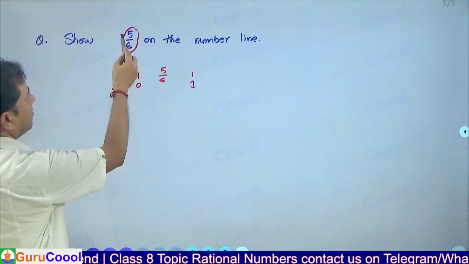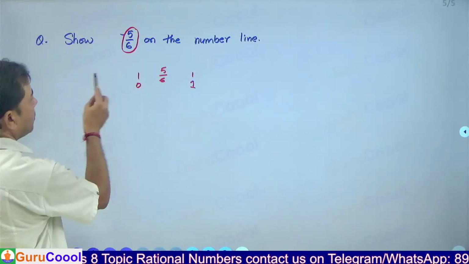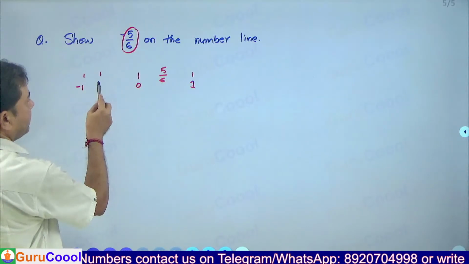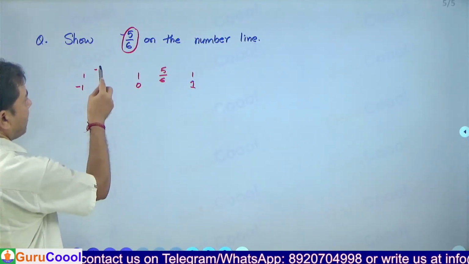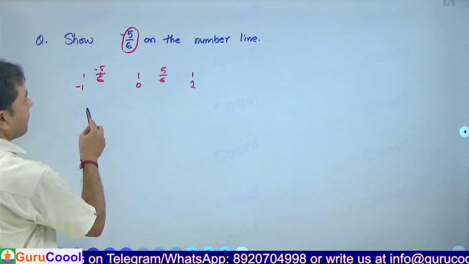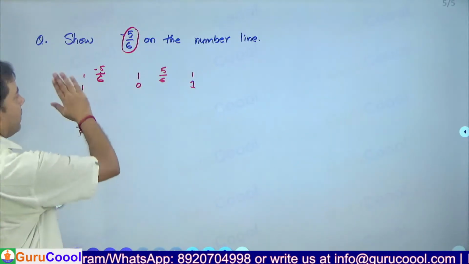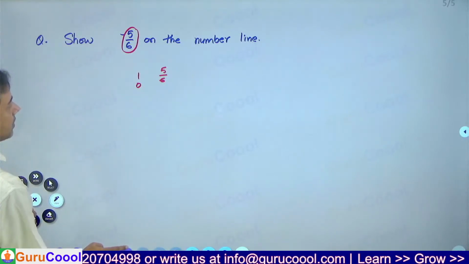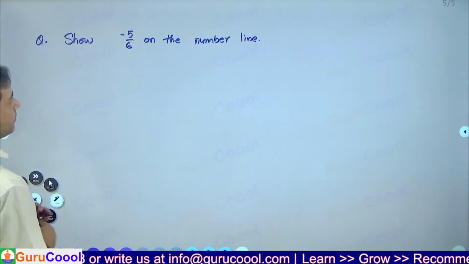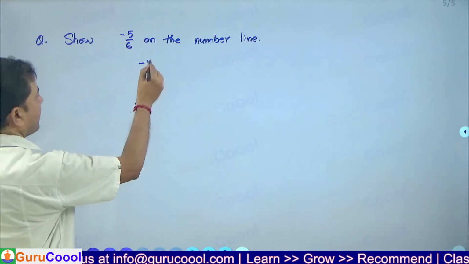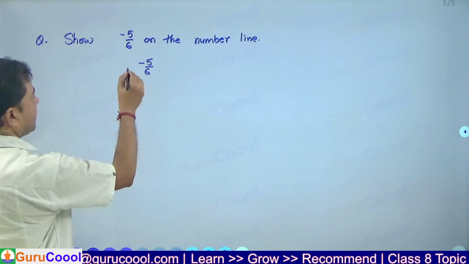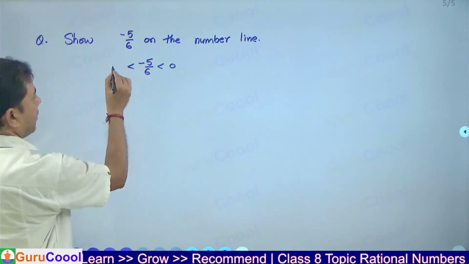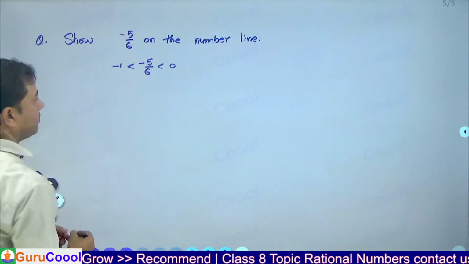Similarly, if we need -5/6, it should be 0 and -1, between which we can find it. So 0 and -1. We got to know between which two integers this lies. -5/6 lies, it is lesser than 0, greater than -1.